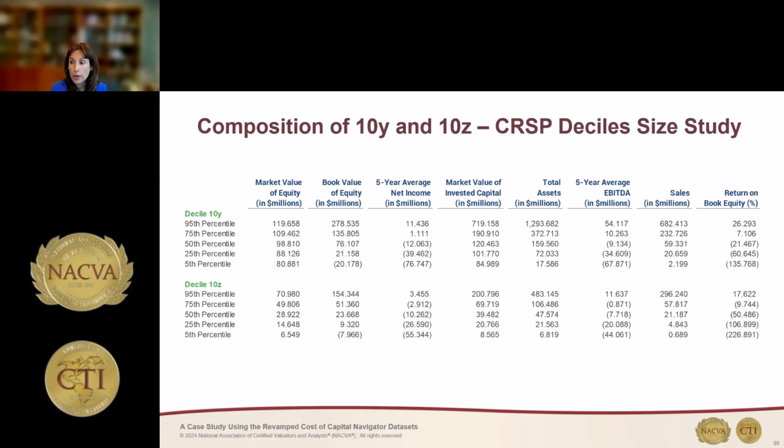And there's more information we're going to make available. What this is showing you is the characteristics of the companies in each of these metrics. So for each of these metrics, for example, total assets right there in the middle, the 95th percentile for the companies that are in 10Y is a billion two in total assets, and the fifth percentile is 17.5 or 0.6 million.